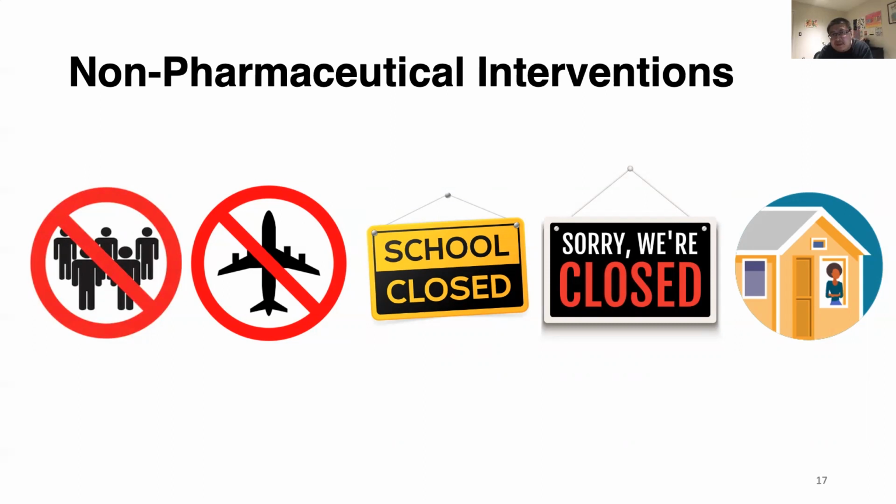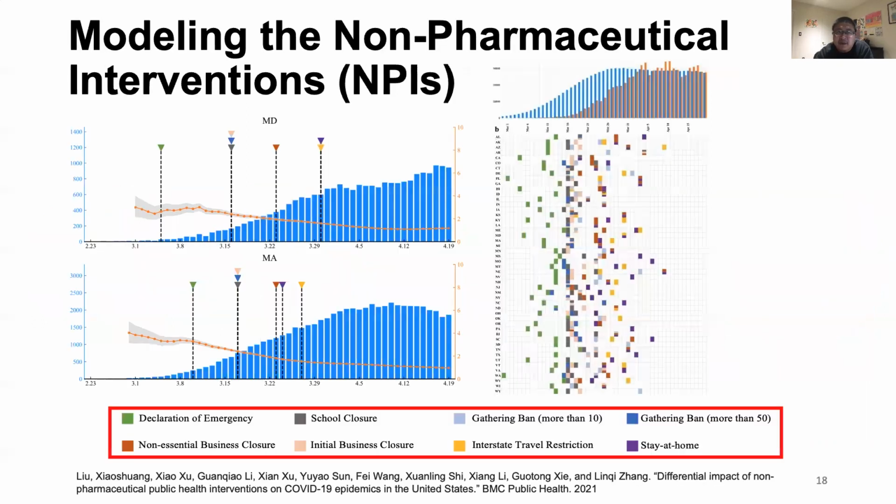In the US, different state governments have adopted various combinations of NPIs from February to April 2020. And this is a work we have done to build statistical models to understand the impact of different NPIs.